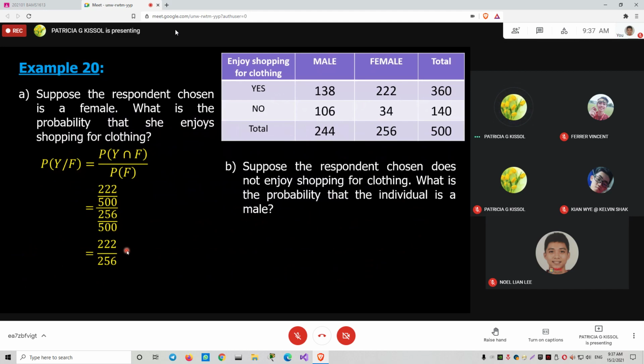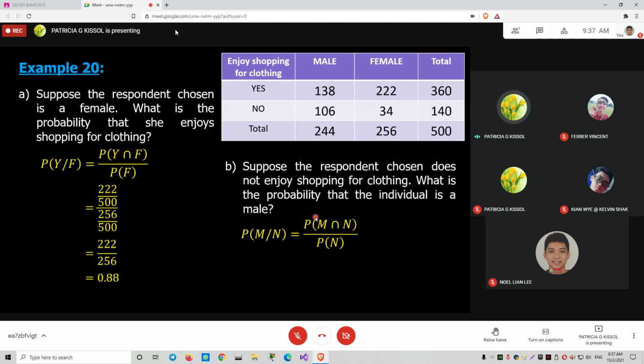Okay, same thing for the next one. Does not enjoy shopping for clothing. That means we're looking at this part, no, and basically male, because that's what we want to find. What is the probability that the individual is a male, given that he does not enjoy shopping? So we have probability of M and N over probability of N. Calvin, I haven't heard from you.